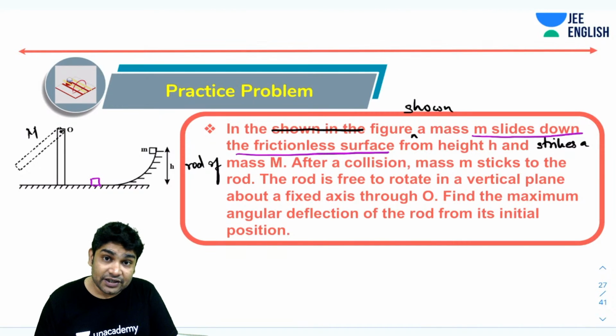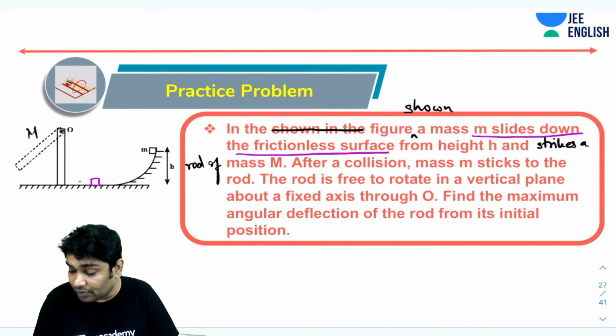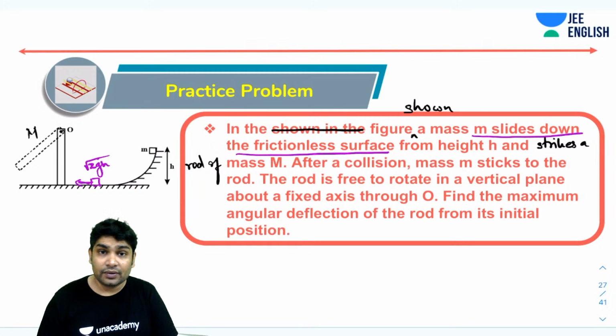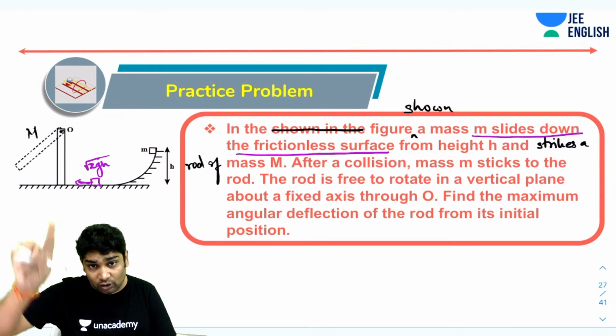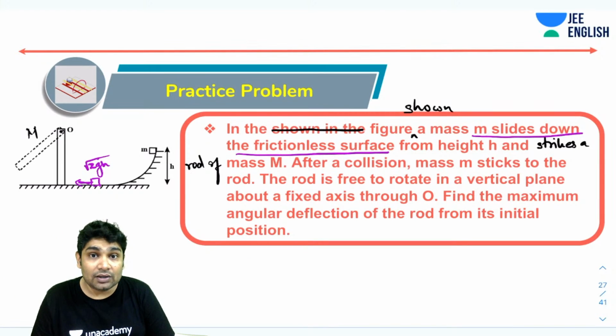I can apply energy conservation. It would come out to be root 2gh. I hope you remember that by now. All you need to do is apply mgh equals half mv squared. So when it has come down this slope, it will be moving with root 2gh, right?